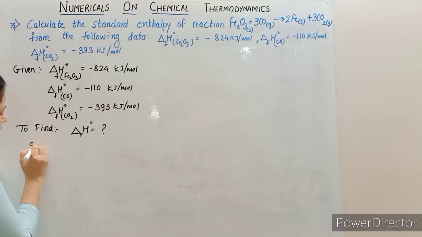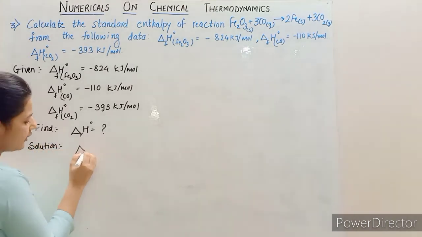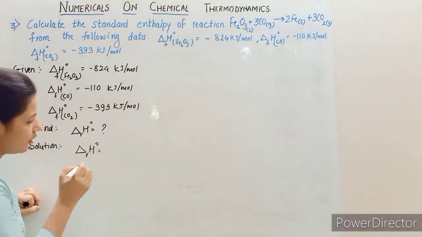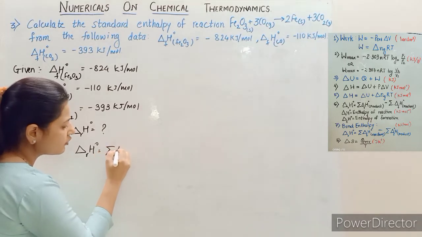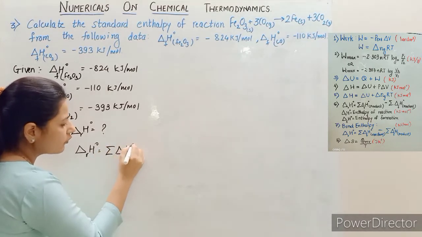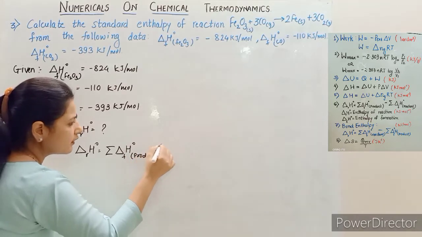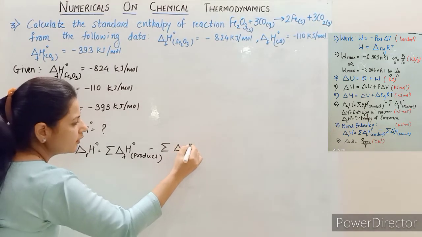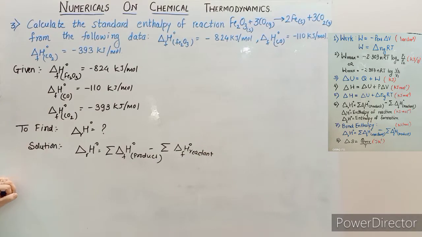Since we know the standard enthalpy for the reaction, what is the formula, the one we saw for reactions? It is nothing but the summation of the enthalpy of formation of the products minus the summation of the enthalpy of formation of the reactants. So we just have to use this formula.